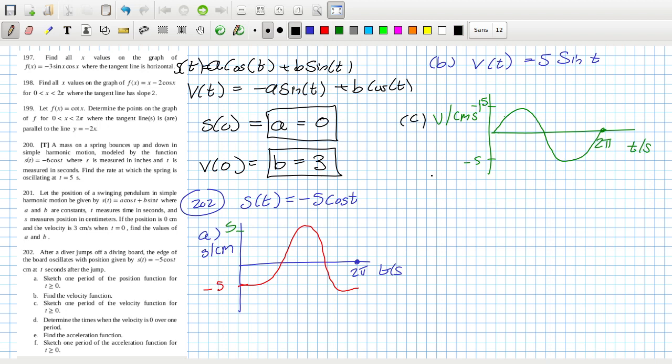That's C. D. Determine the times when the velocity is 0 over one period. Well, that's here, here, and here. If you want to include the 2 pi, some people do, some people don't. So it's 0 seconds, pi seconds, and maybe a lot of people like to use the domain 0 to 2 pi, so you're not counting this twice, so to speak.